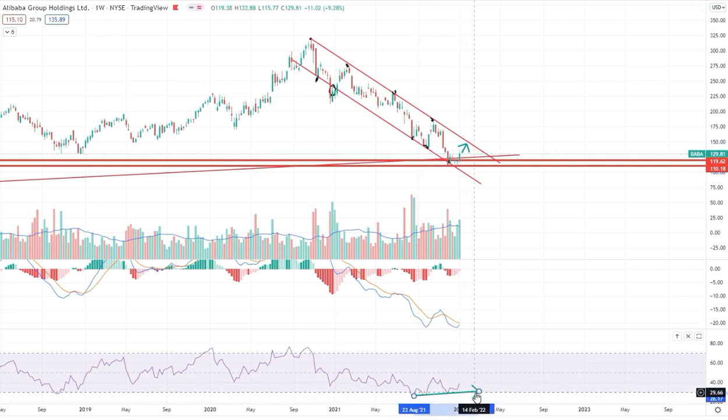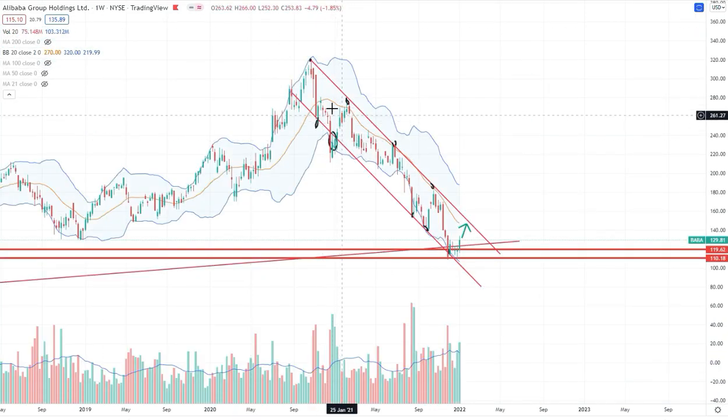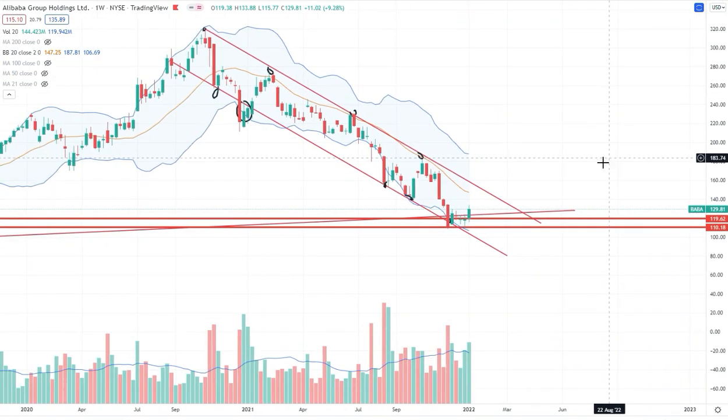Just the last thing before I close, I would like to have a look at the Bollinger Band indicator. I'm not using the Bollinger Band as an entry or exit point, but it can give us an indication of what's happening in the short term. The Bollinger Band basically tells us the volatility area of the price.